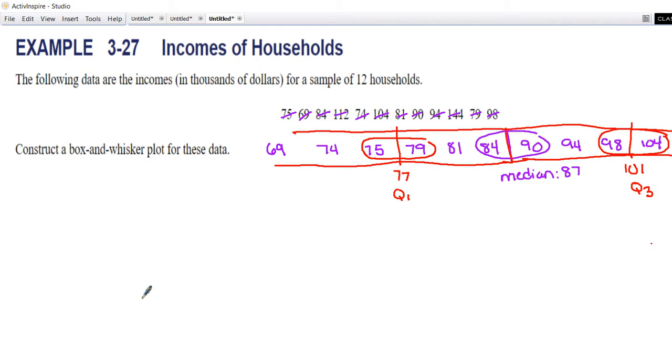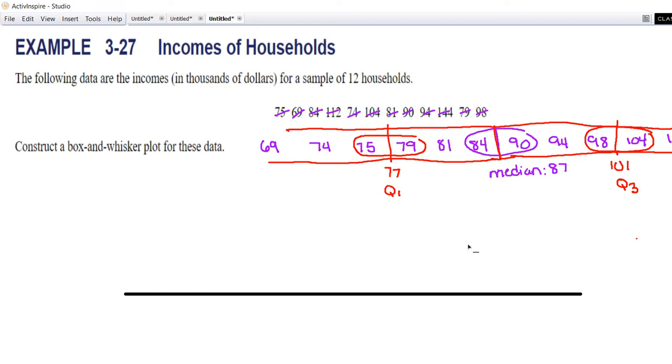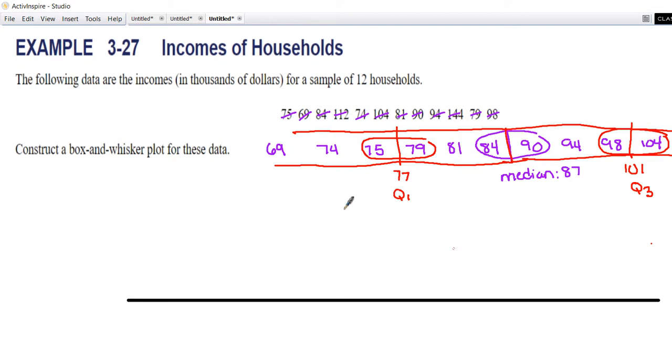Okay, now I want to make my box plot. So I am going to first draw a straight line, and then I am going to make some tick marks with all of my data here.